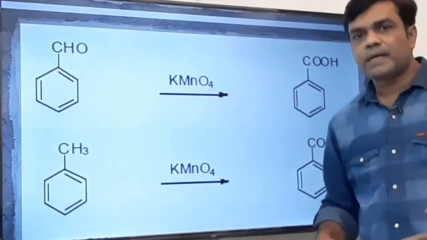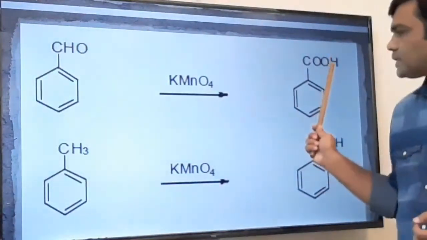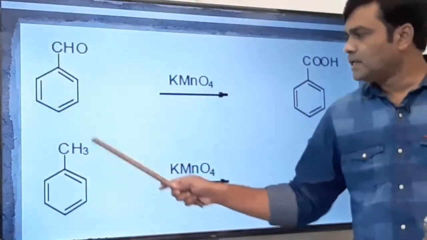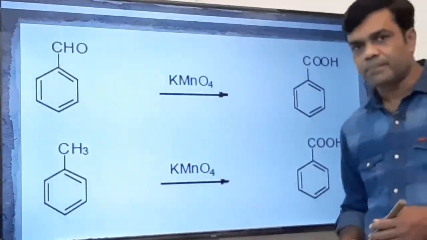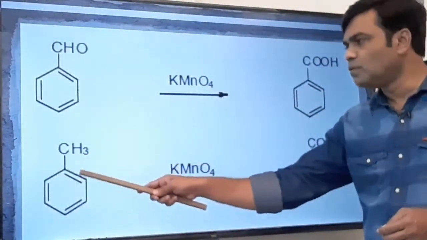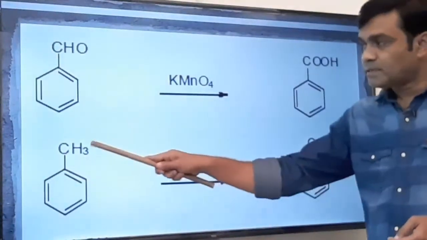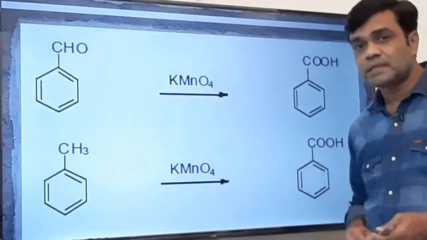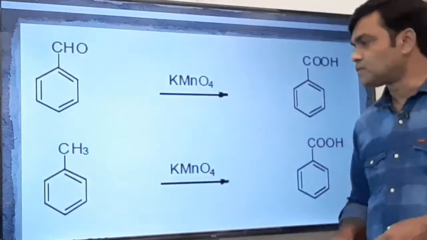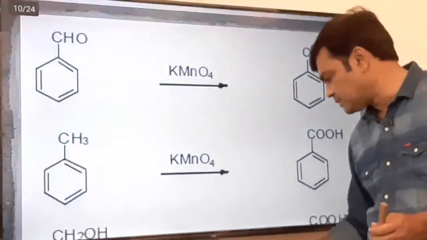As potassium permanganate is an oxidizing agent, it also oxidizes aldehyde directly to acid. Similarly, the alkyl chain which is attached to the aromatic ring will oxidize to COOH group. For example, see here it is toluene, that is methyl benzene, it is oxidized to benzoic acid. If instead of methyl there is a long chain alkyl chain, then in that case also that group will oxidize to carboxylic acid because it is an oxidizing agent.